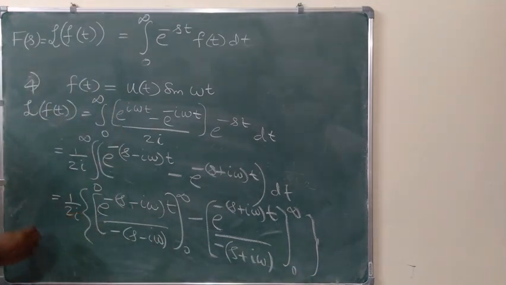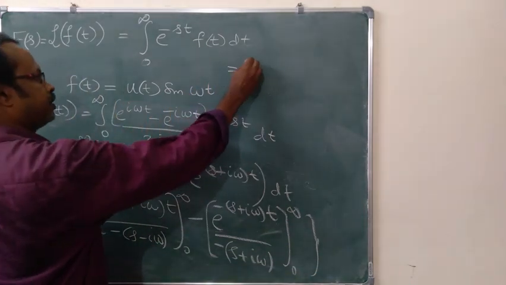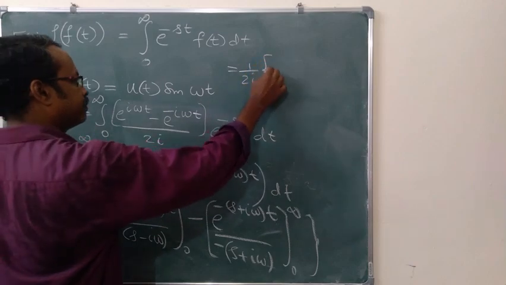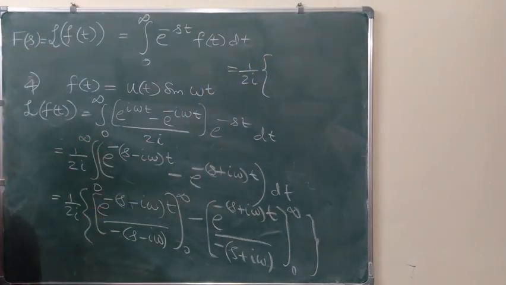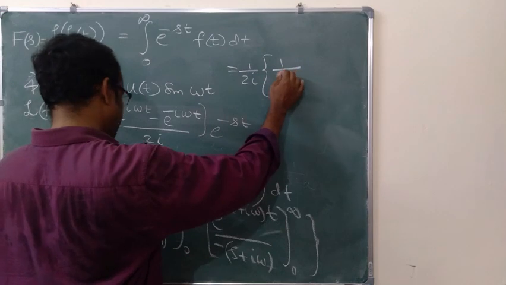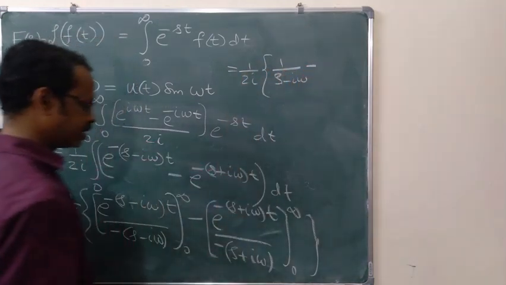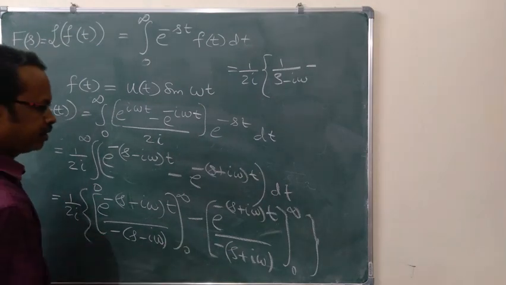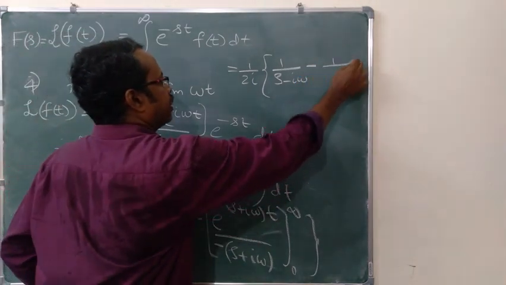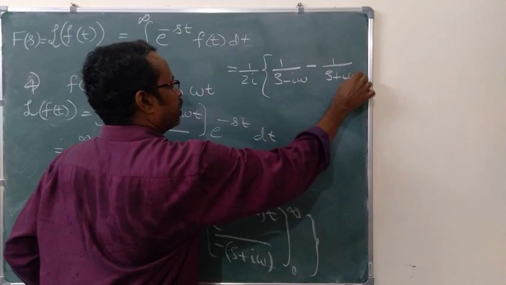So on applying the limits, we will get 1 by 2i times 1 by (s minus i omega) minus 1 by (s plus i omega).